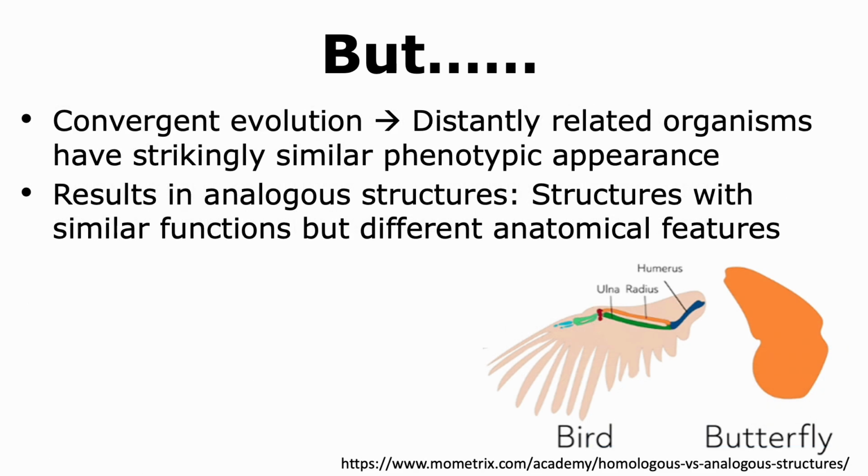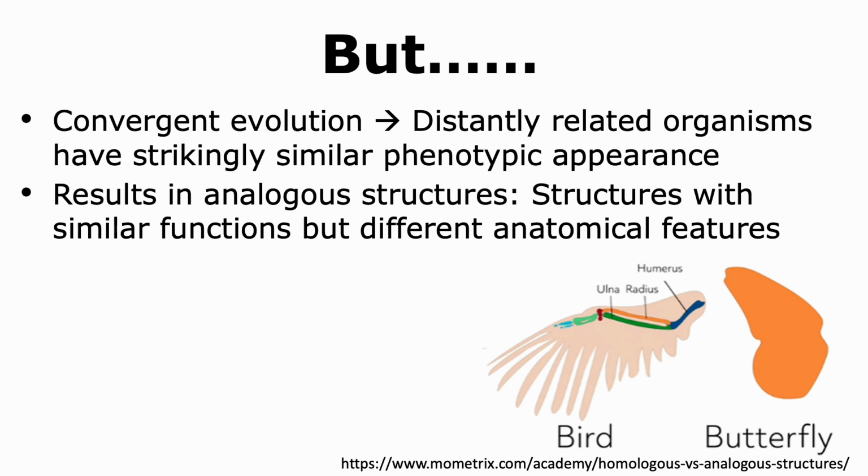Convergent evolution can also give rise to analogous structures, which are structures that have similar functions but different anatomical features. A very common example is the wing of a bird and a butterfly. The wing of the butterfly and the bird allows both of the organisms to fly.